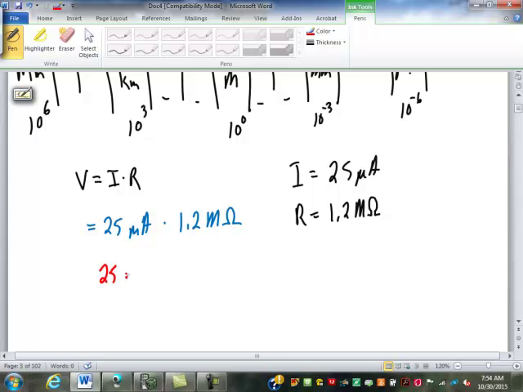Micro is 10 to the -6 amps times 1.2 mega is 10 to the +6 ohms. Our metric prefixes are engineering notation. So when we look at doing operations in engineering notation, it's our metric prefixes that we're really operating with. Does that make sense?